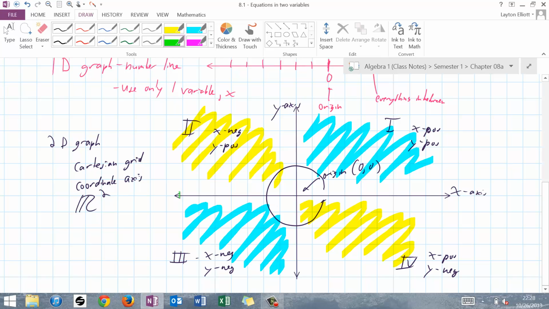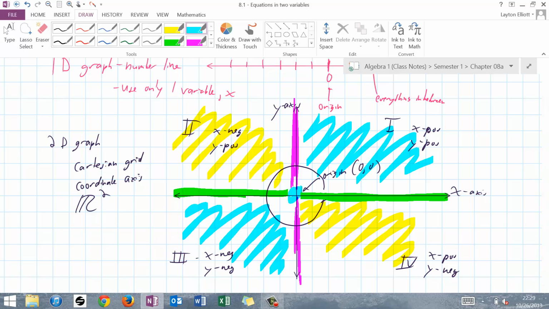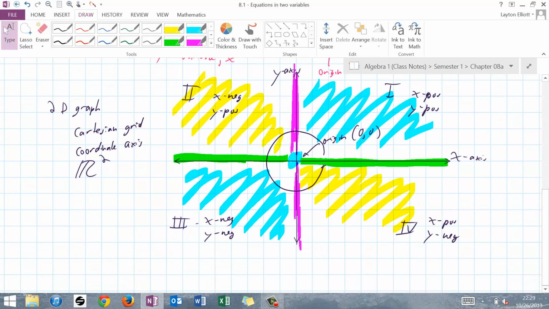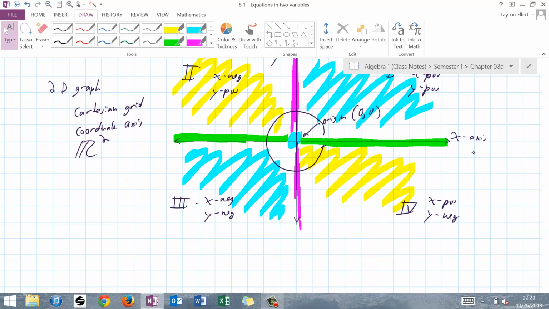But I also have a positive x, a negative x, a positive y, and a negative y, and then right in here the origin. That's actually 9 different regions that separate this grid out. So you don't have to shade those if you don't want to. I'm just creating this thing here.